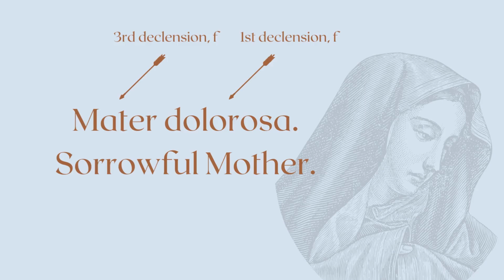This means sorrowful mother. Now, mater means mother, and it's a feminine noun, but it's a third declension noun. And of course, I know you haven't learned that yet, but it doesn't matter for this. All you need to know is that that's the nominative form and that it's a feminine noun, and it ends in er.